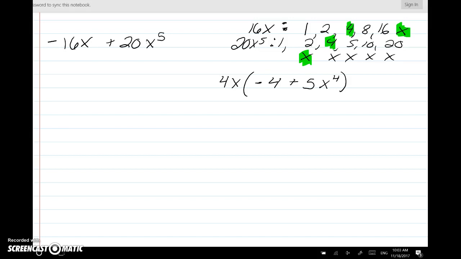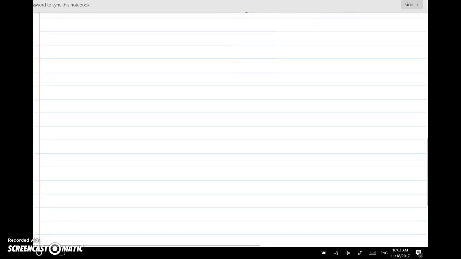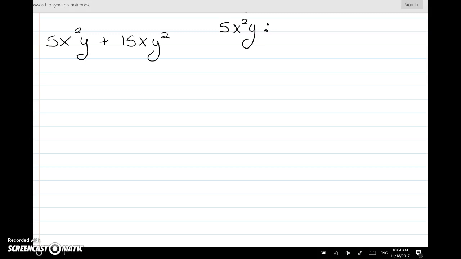Okay, let's look at one more problem before you try some of these on your own. Let's look at 5x squared y plus 15xy squared. Okay, we're going to again start by listing our factors. 5x squared y: I have 1, 5, x, y.